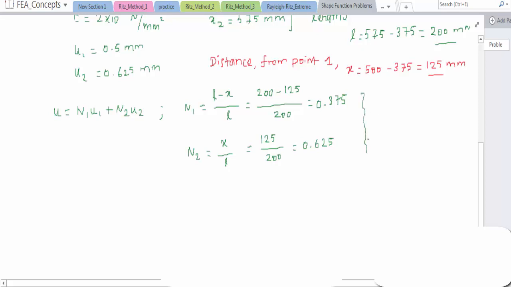Now we know all the values, and we can check that N1 plus N2 must be equal to 1. If you add them, the value is 1.